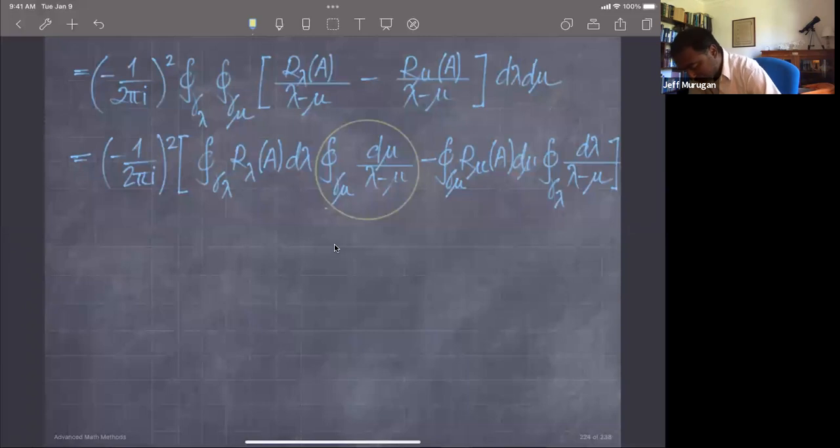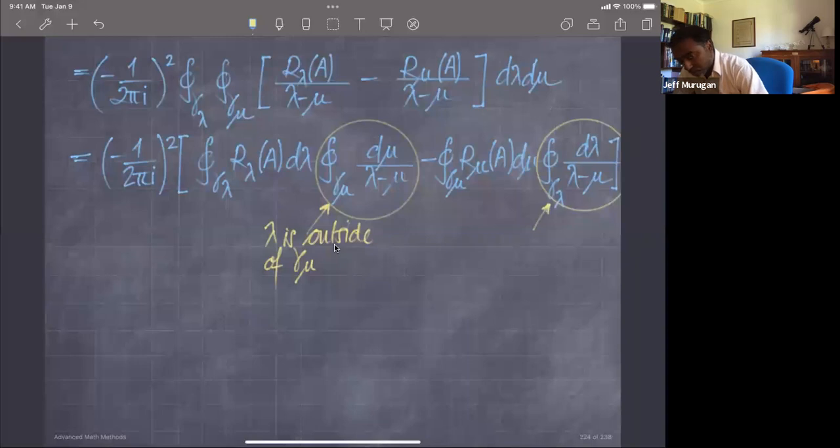So lambda is outside of gamma mu. On the other hand, in this integral, mu is inside gamma lambda.